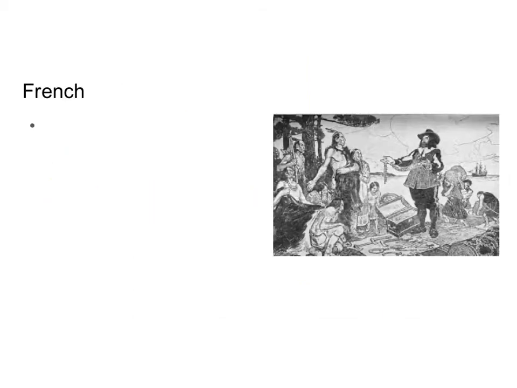Now we're going to talk about the French and the relationship between the French and the natives. As you can see, the French were established mostly in the Northeast America, I think close to current day Canada. And their focus was mostly on trade with the natives. They mostly traded with the Huron Confederacy. You can see an image of that to the right here. And their focus was mostly on trading beaver fur.